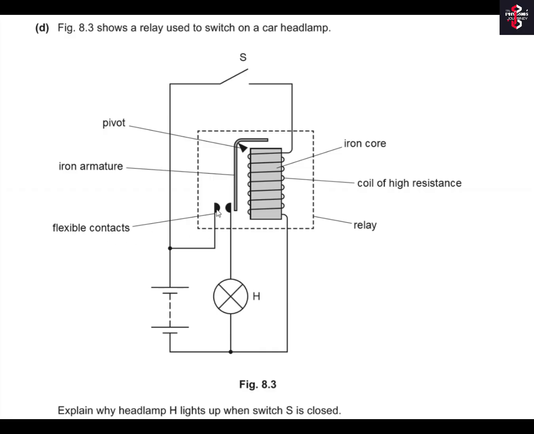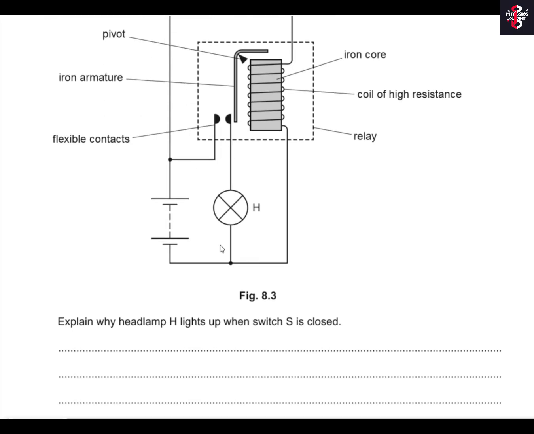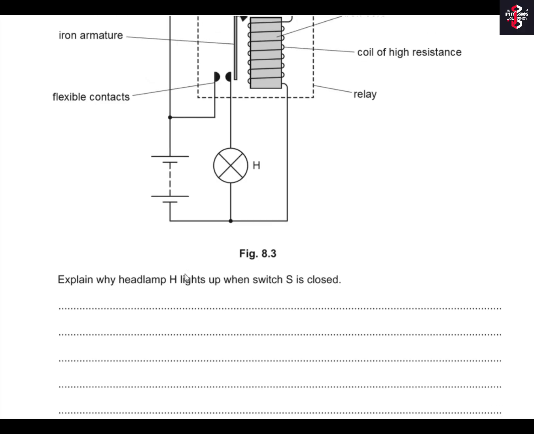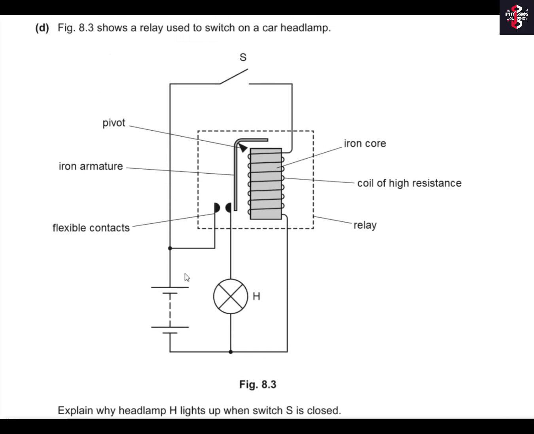These both are flexible contacts. This is the iron armature. So explain why the headlamps H light up when the switch S is closed. Let us discuss the whole scenario. Current will flow in this direction.